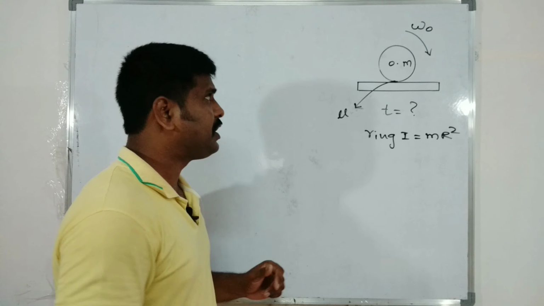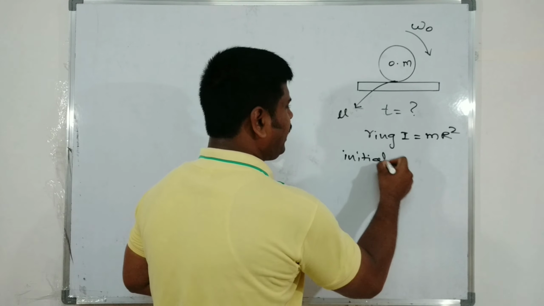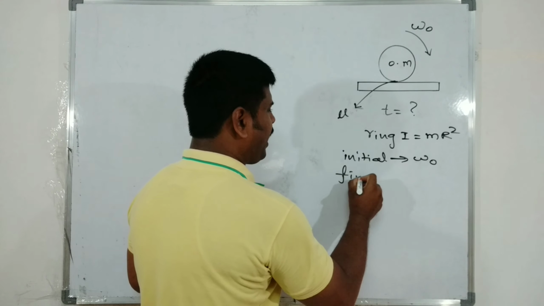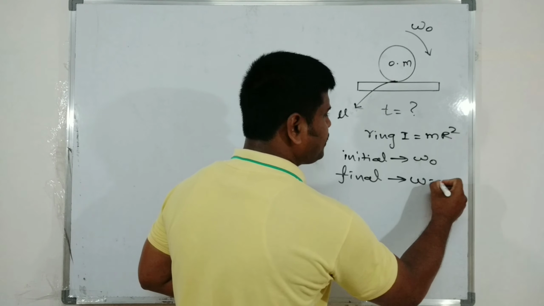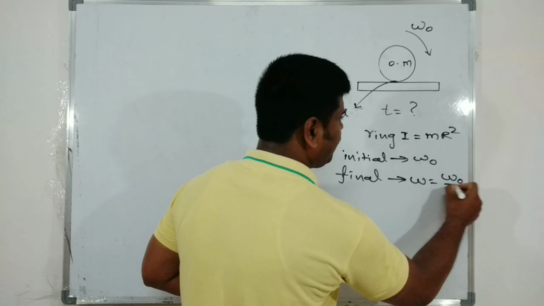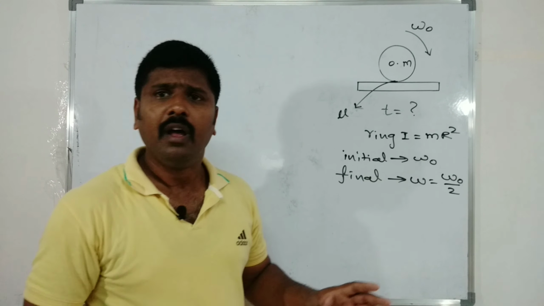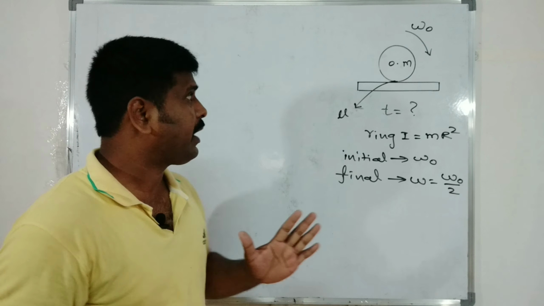Initial angular velocity is omega naught, and final angular velocity is omega, which is equal to omega naught divided by 2, given as 0.5 omega naught.